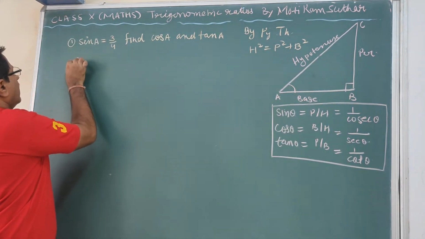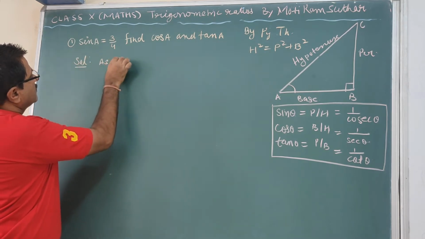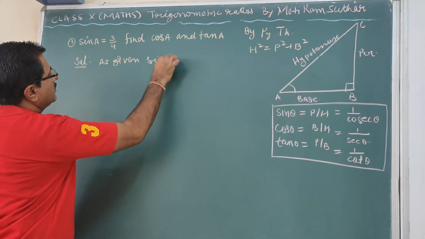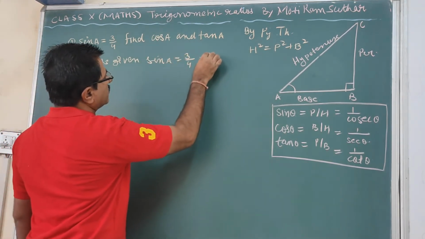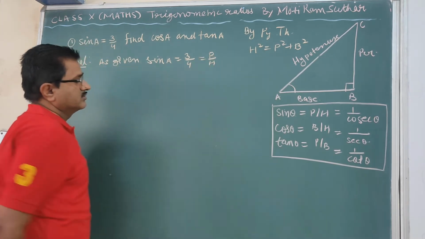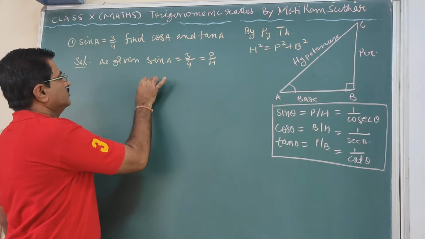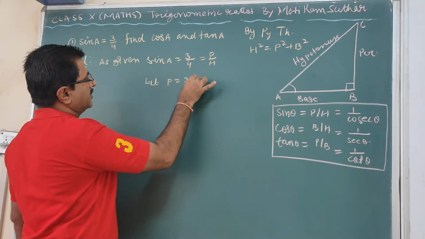In the solution you write: as given, sin A is equal to 3/4, that is perpendicular upon hypotenuse. So we are given the perpendicular and hypotenuse. So you write here, let perpendicular equal 3k.